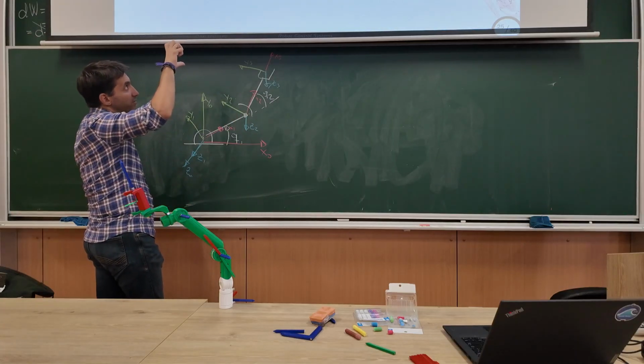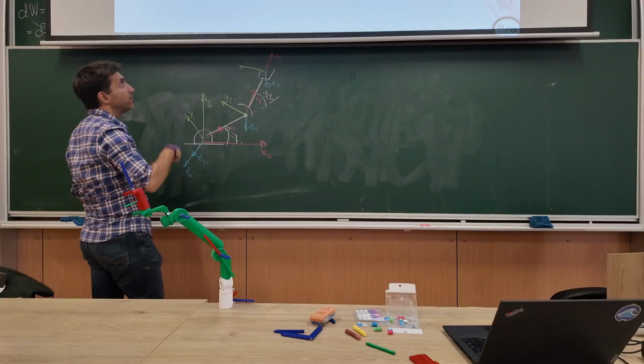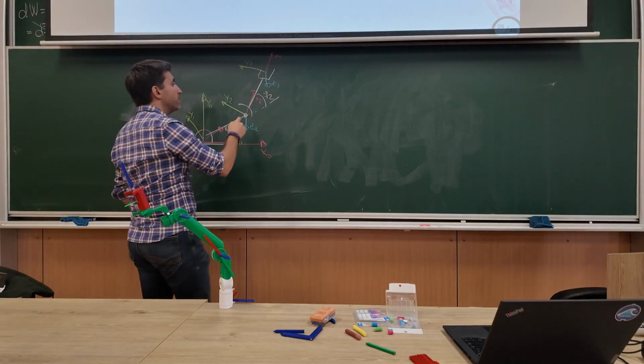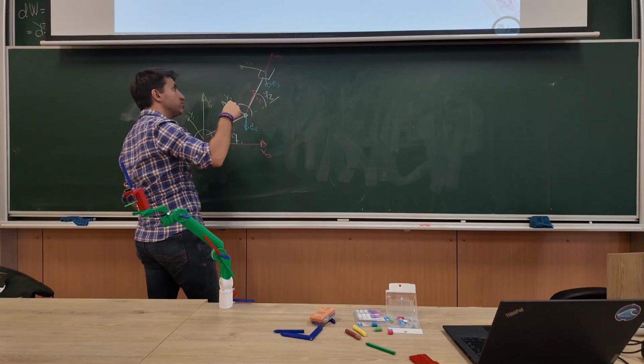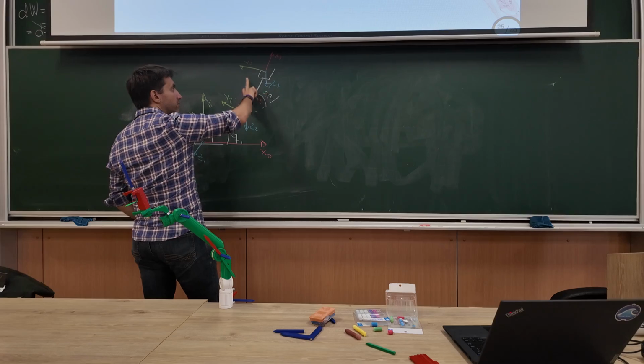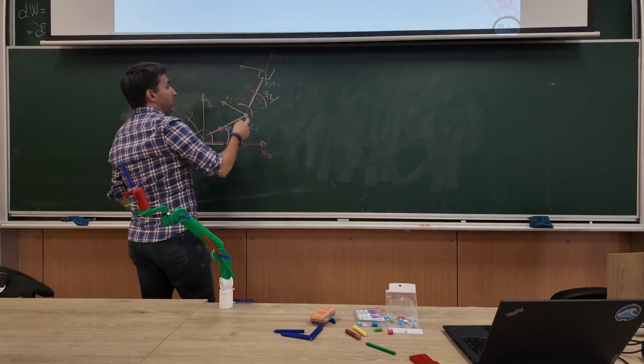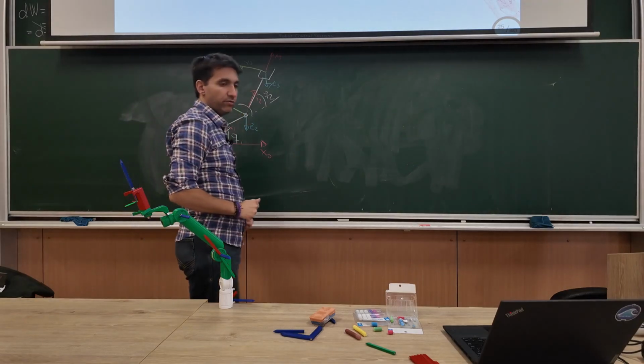On the linear part. On the angular part, it would be just Z1. For the second joint, it would be the second axis of rotation, Z2, cross product with this vector, not this distance. For the angular part, it will be just Z2.